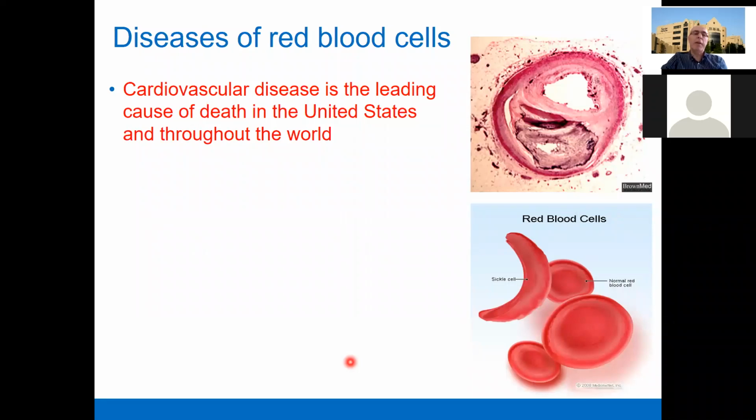Lastly, let's talk a little bit about the diseases of our blood cells and our heart. We know cardiovascular disease is the leading cause of death in the United States and in other developed countries, and therefore there are huge topics in our lectures about blood cell disease and cardiovascular disease.